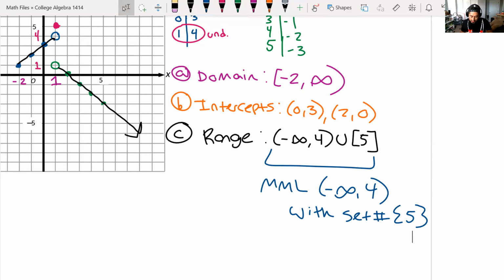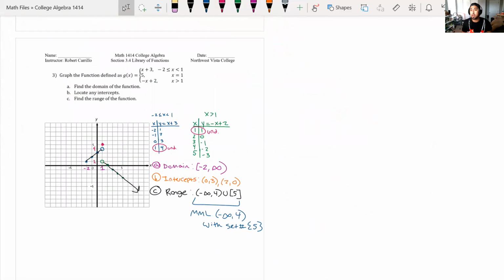But other than that, that is piecewise functions. So to graph them, make XY charts, know your restrictions, know what numbers to pick, and graph it. Make sure you know what means an open circle, what means a closed circle, and find domain and range.